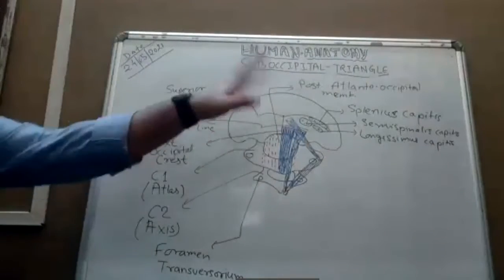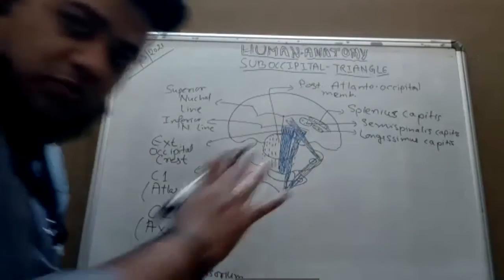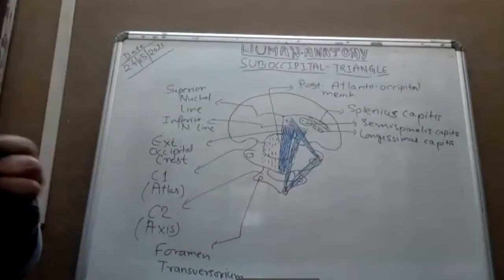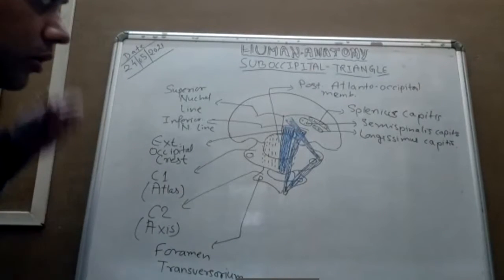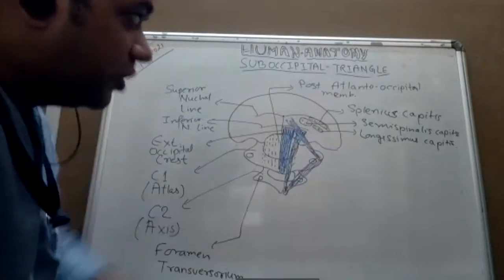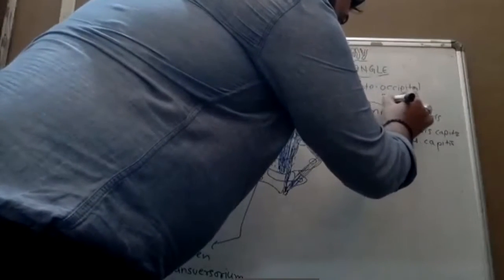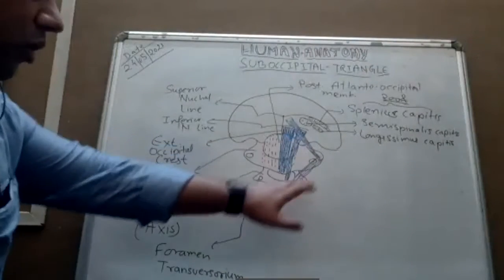These are forming the roof. And the most superficial is the trapezius muscle. So these are forming the roof. I will write down: roof. The boundaries are formed by these three muscles.